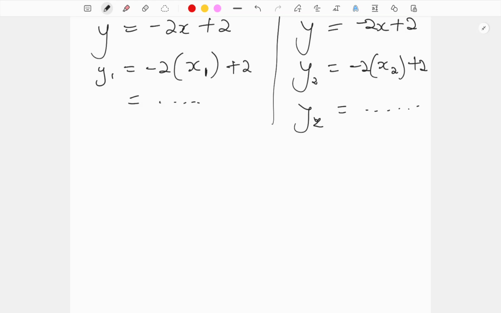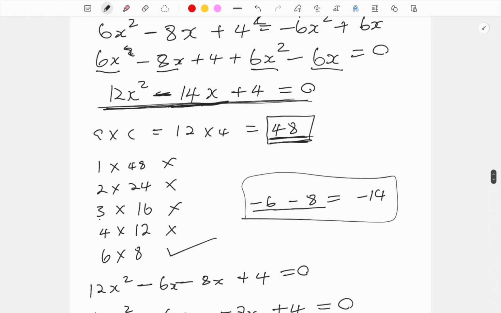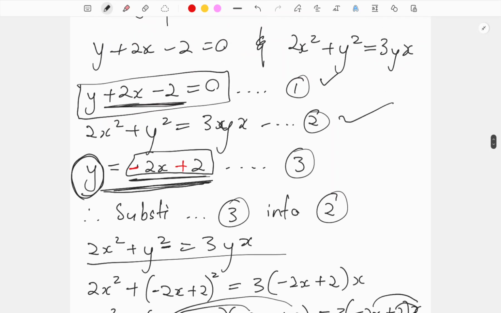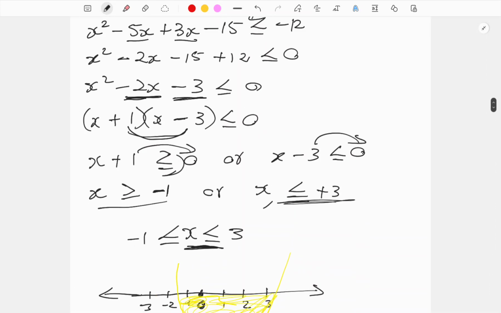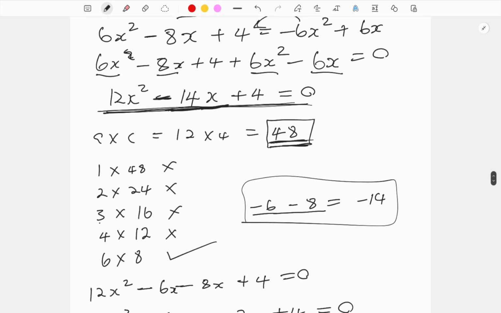So let's just stop here for this lesson and just get to know how to solve simultaneous equations, how to deal with inequalities. And then from here we'll be done with algebra, guys.